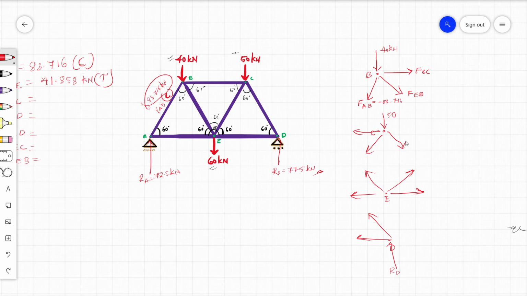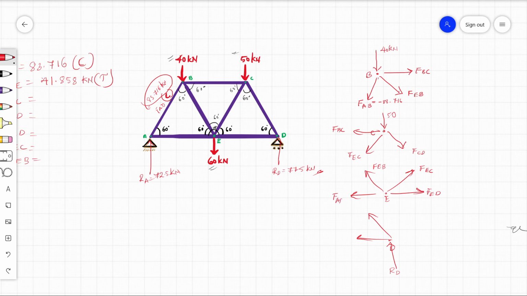This is the value we know. In joint C, we don't know FBC, FEC, and FCD. The same with joint E: we don't know FEB, FEC, and FED.